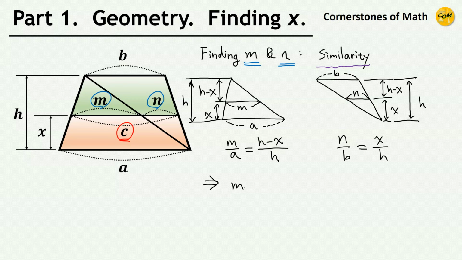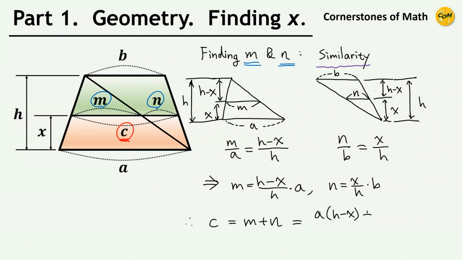So we have M equals (h minus x) over h times A, and N equals x over h times B. Therefore, length C, which is equal to M plus N, is given as (A times (h minus x) plus Bx) divided by h.